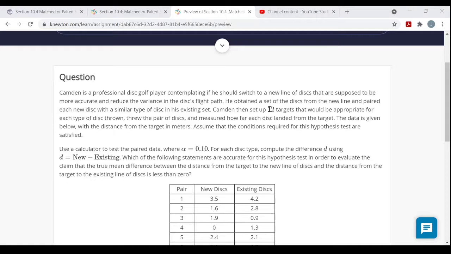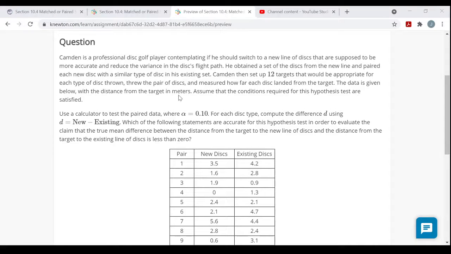Camden then set up 12 targets that would be appropriate for each type of disc thrown, threw the pair of discs, and measured how far each disc landed from the target. The data is given below, with the distance from the target in meters. Assume that the conditions required for this hypothesis test are satisfied.